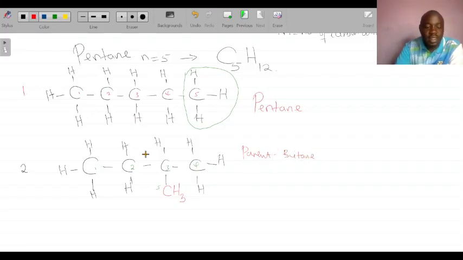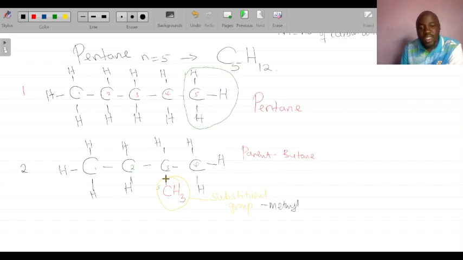But it has something else, which I have circled in yellow, what we call our substituent group. We need to establish the name of this substituent group, and from the look of things, it is CH3, which makes it a methyl.